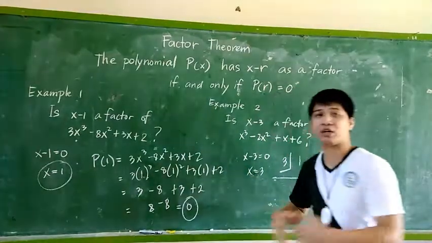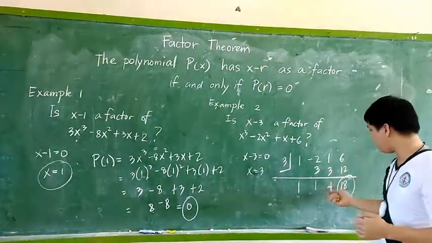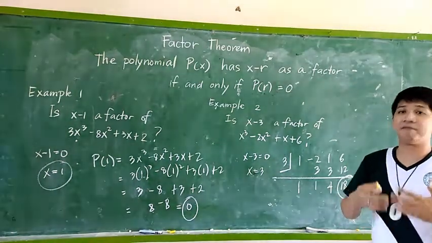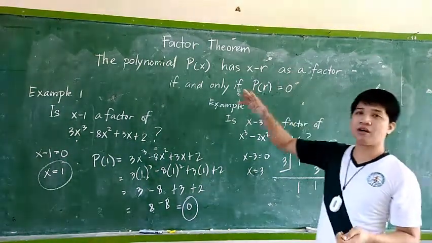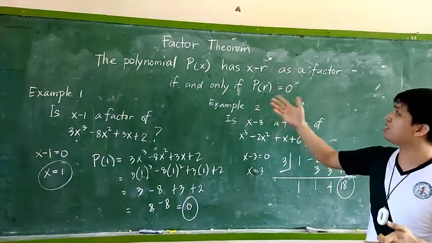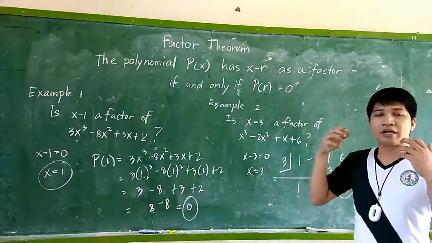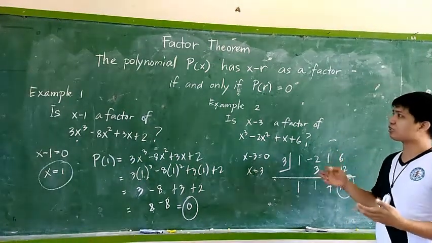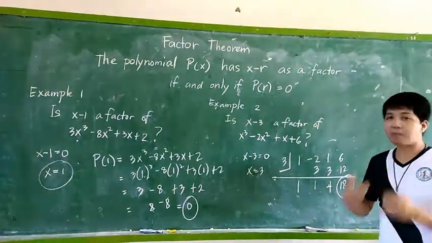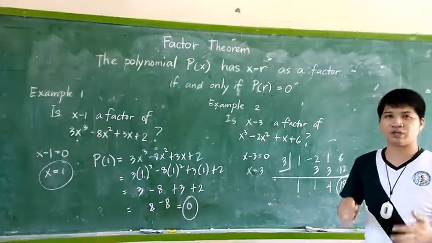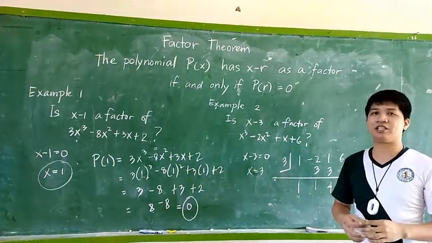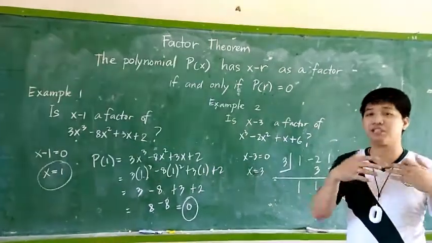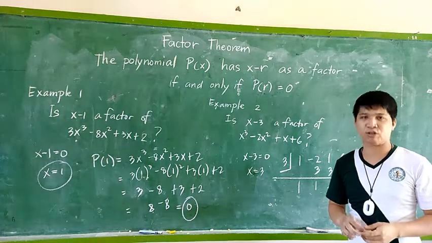But if you arrive at a remainder that is not 0, then obviously it's not a factor. So again, by definition, the factor theorem: the polynomial p of x has x minus r as a factor if and only if p of r is equivalent to 0, or if the remainder is 0. If the remainder is 0, it is a factor. If the remainder is not 0, then it is not a factor.